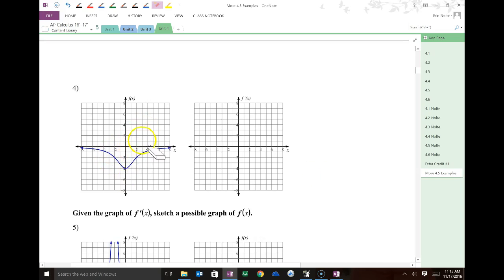Okay, so for number 4, again, I'm looking for where the slope is 0. That's where I start. Okay, I see a minimum at 0, so I'm going to plot that onto my first derivative. Okay, so now I'm analyzing the slope to the left of it. Okay, when I first start out, this slope looks very flat, and it is a negative. Okay, so it's very flat, very negative.